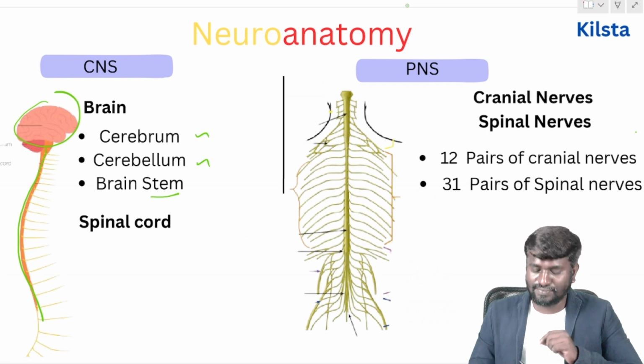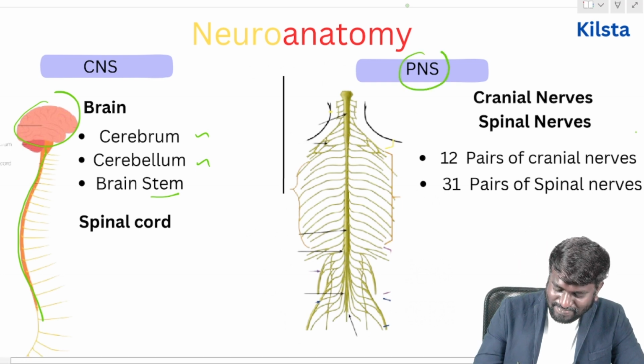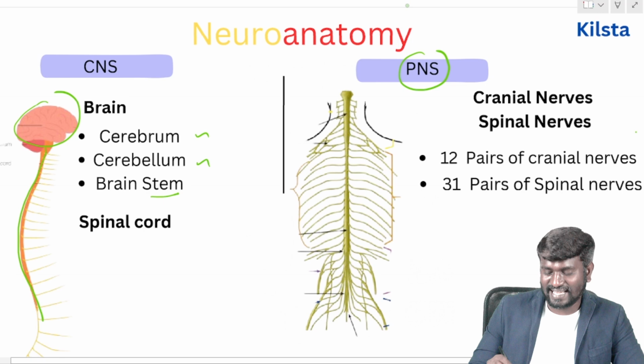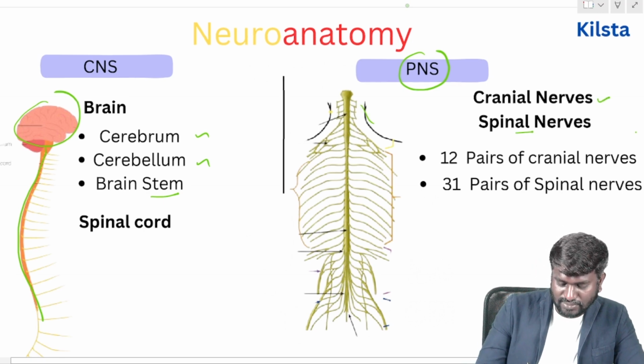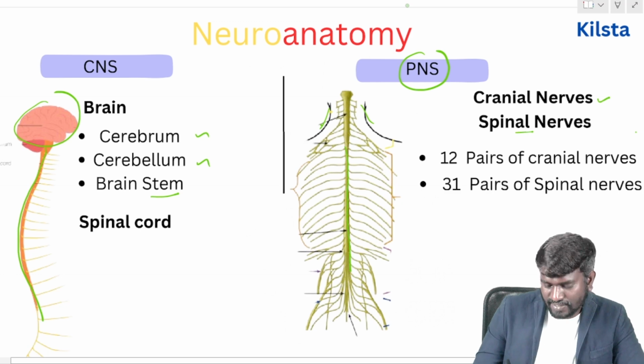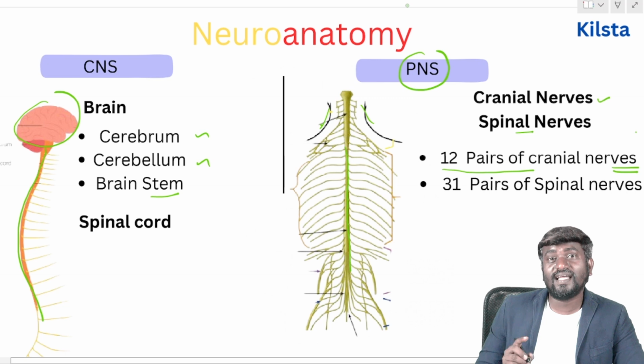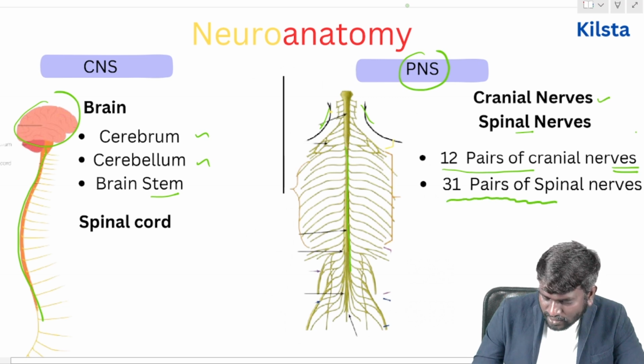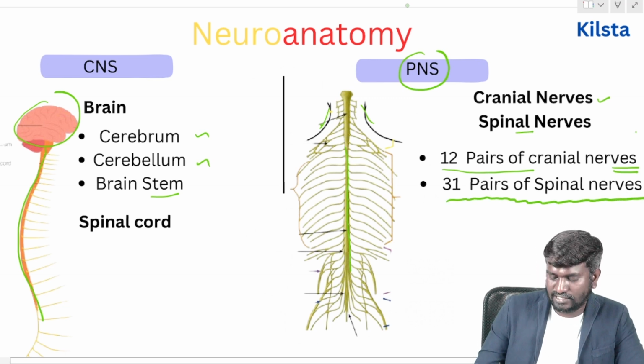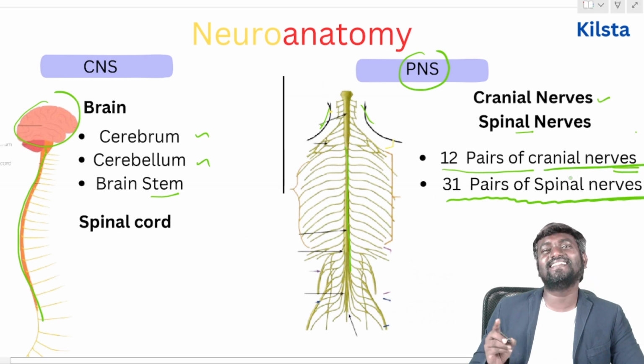The peripheral nervous system, in short PNS, has the cranial nerves and the spinal nerves. These are going to be the cranial nerves, and here we have the spinal nerves. Remember, we have 12 pairs of cranial nerves and 31 pairs of spinal nerves.